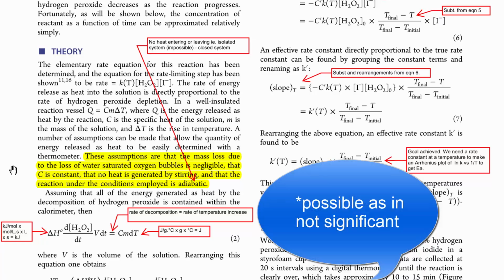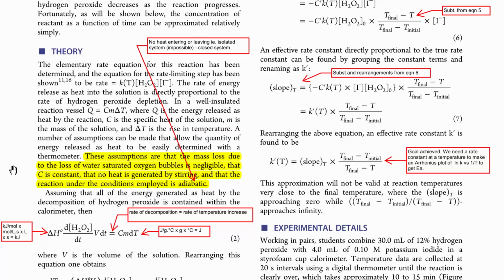But as you can see, I'll show you the experiment soon, it's really, really bad. It's not an isolated system. It's not even a closed system. It's a completely open system. And there are huge amounts of oxygen coming off, carrying away heat. It gets so warm that there's steam going off, and this goes on for half the experiment.